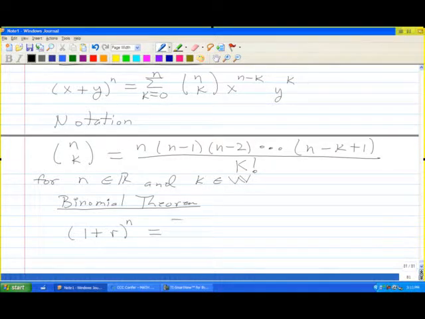For any n, it is just the sum, k equaling 0 to infinity, of nCk, where n is this power, times r to the k. And that's your binomial expansion.